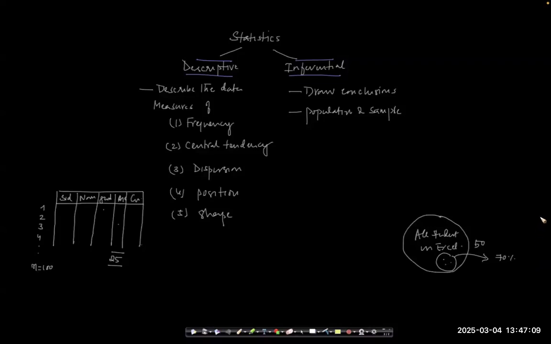Based on this, I will draw some conclusion about the entire population. That is called inferential statistics: trying to decide something about the entire population by doing analysis on samples.